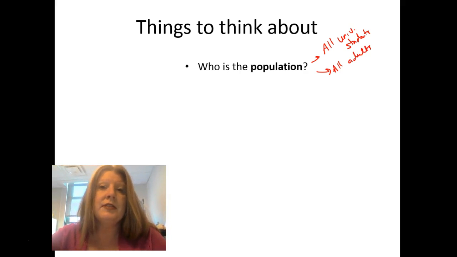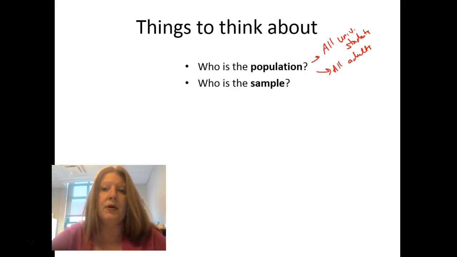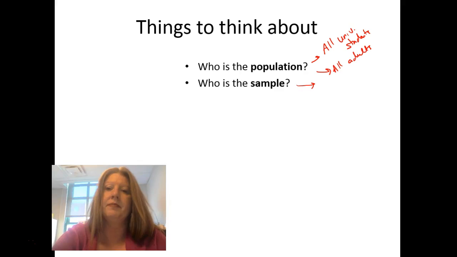So the population is the bigger group we're trying to say something about, and it's not really clear from that particular snippet, but again, I think we could make a strong argument. It could be all students, it could be all adults. Who is the sample? The sample is the students that we included in the survey, so the 405 students.